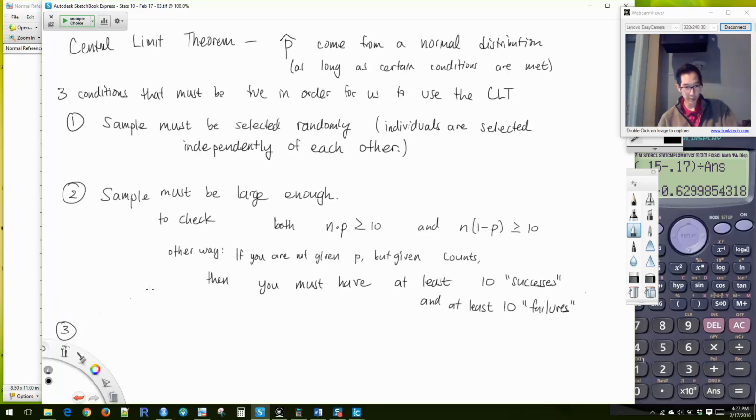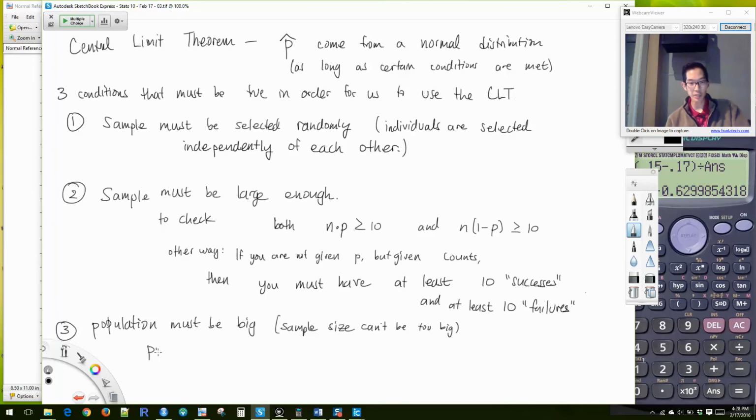And number 3, the population must be big. Or conversely, the sample size cannot be too big. The population must be big relative to the sample.